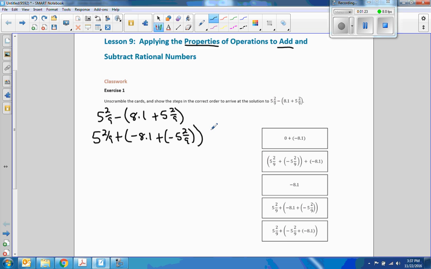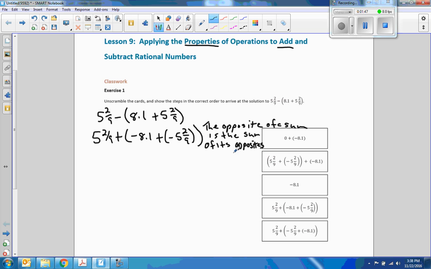When we do that, that is called the opposite of a sum is the sum of its opposites.